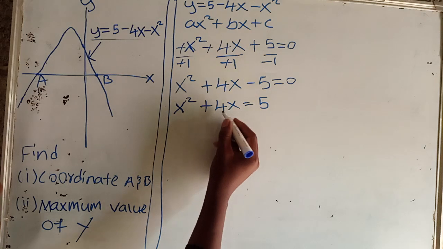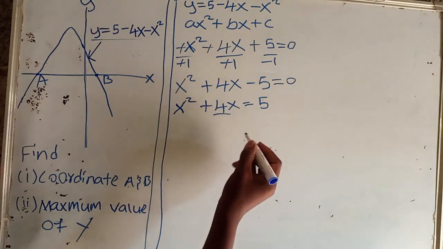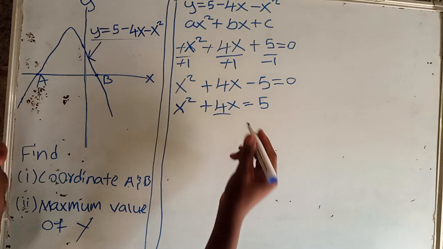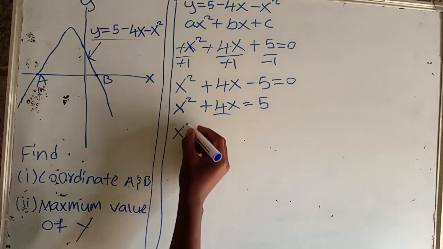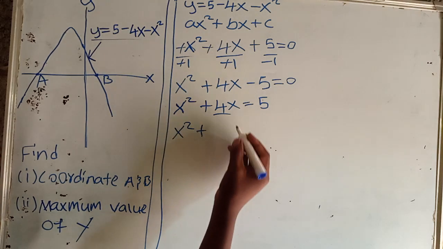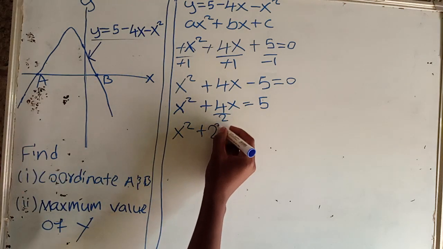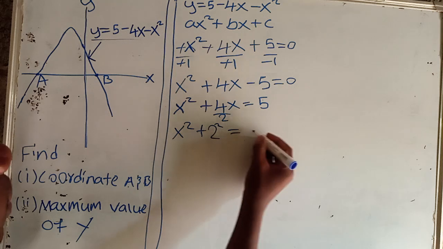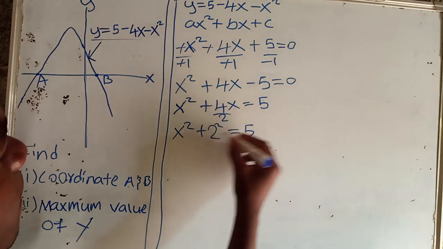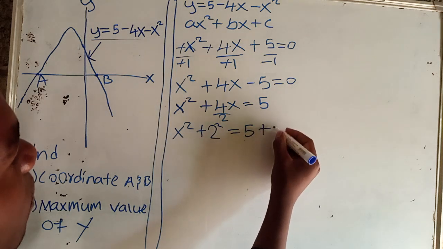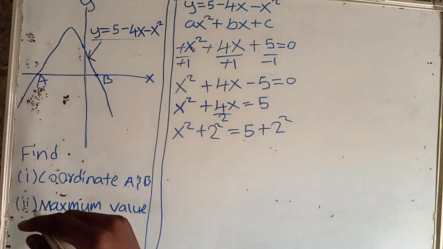Then we get half of this and square it and apply it to this side. So we are going to have x squared plus half of 4, it is 2. Then you square this 2. Then you say is equal to 5 plus 2 squared as well.